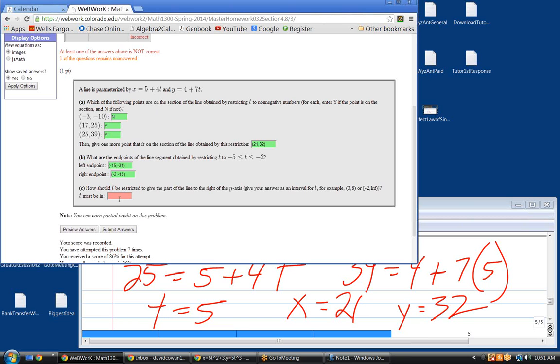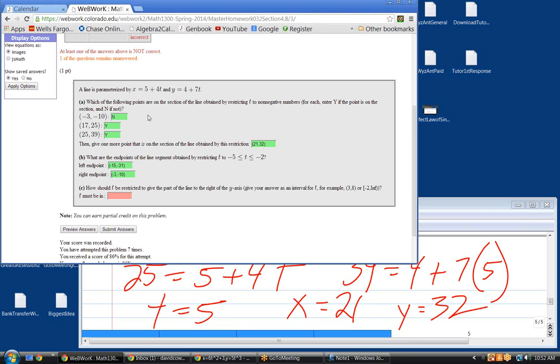T must be... I don't know. If you have to run, I'm going to have to look at this a little bit more. How should t be restricted? So t has to be from something to something. They're looking for a t like this. Obviously, when t was between -5 and -2, we were to the left of the y-axis.